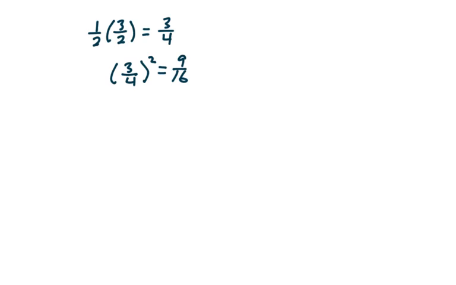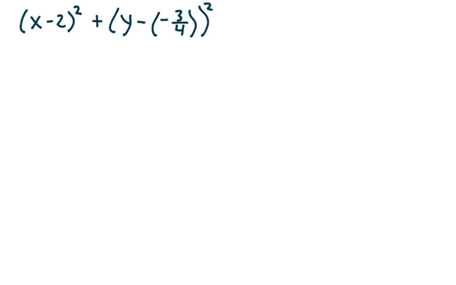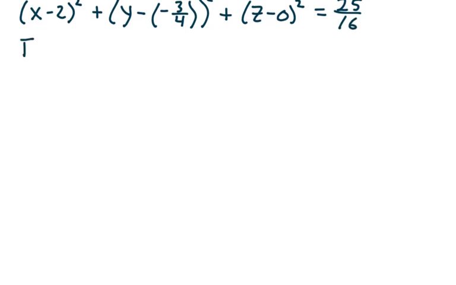From here, we get the following. So we get (x − 2)², right? Plus (y − (−3/4))², because I'm making it look like a sphere, right? So I'm taking y minus a negative 3/4, and then I'm squaring it. And then I'm going to add (z − 0)², and I'm going to set this equal to 25/16.